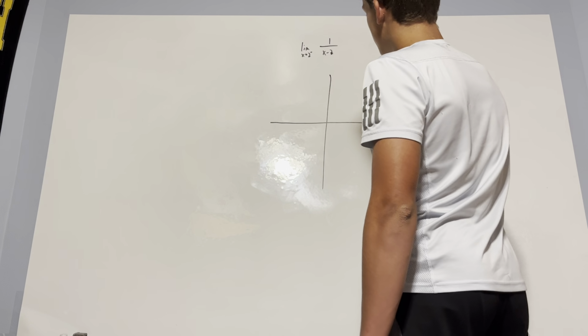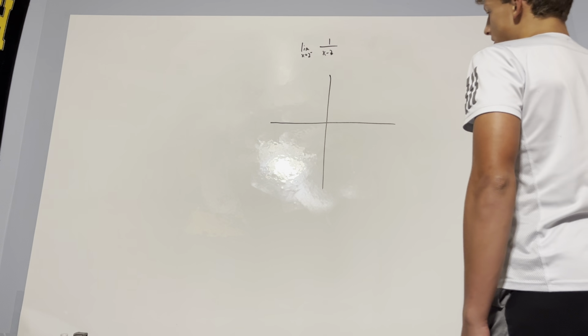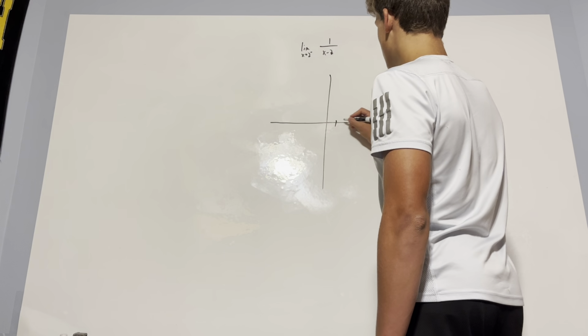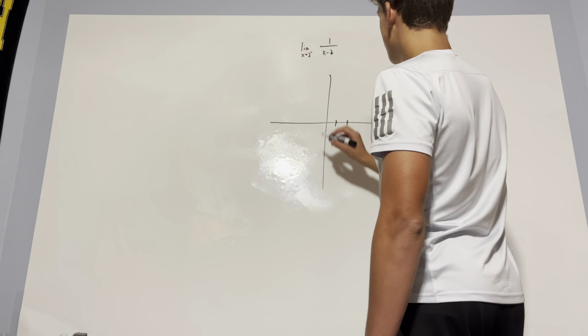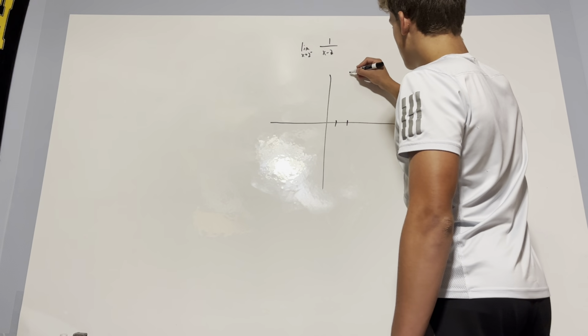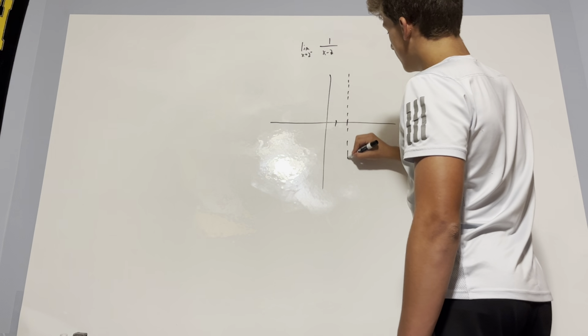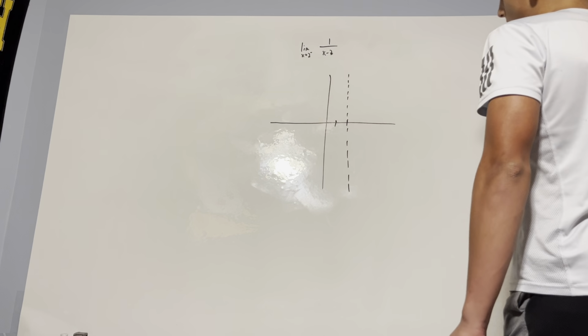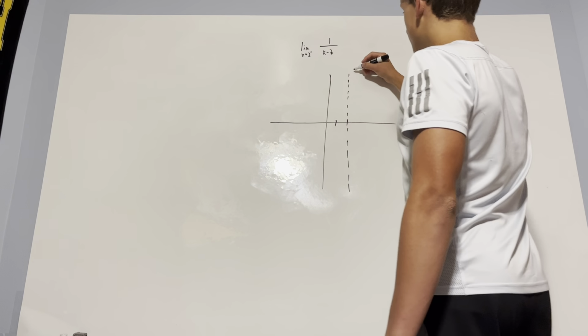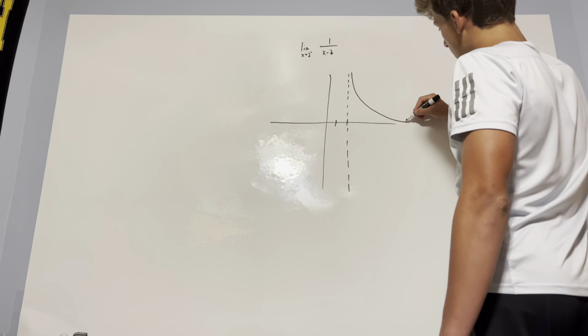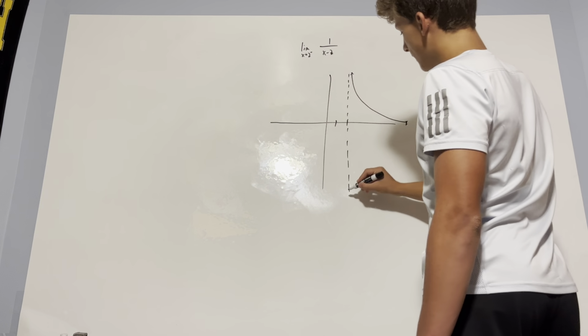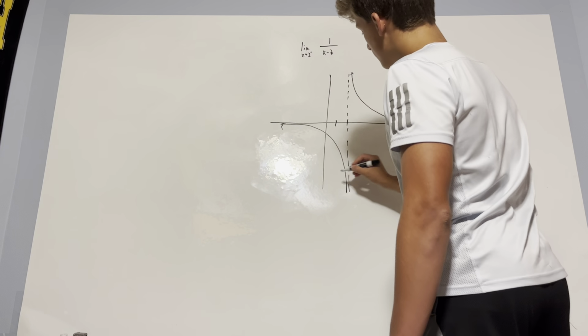You know it's going to be 1 over x, but shifted to the right 2. We know that the graph of 1 over x has an asymptote originally at x equals 0. Now it's going to be at x equals 2 because that's when the denominator is 0. So the graph of the function is going to look something like this.